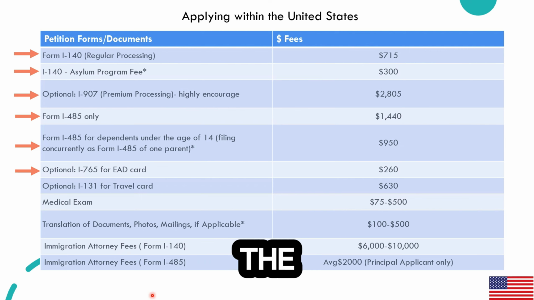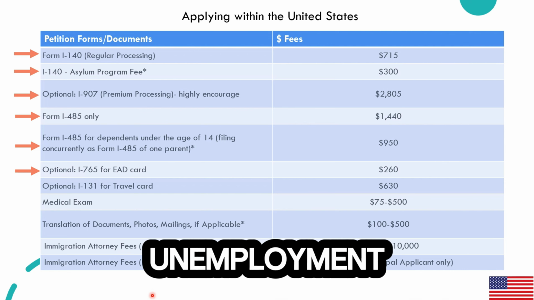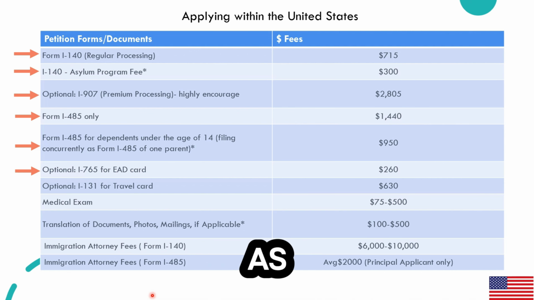If you are in the US, as I already mentioned, you may also apply for an employment authorization document, also known as EAD, by filing form I-765. This allows you to work in the US while your application is being processed, and the fee associated with this form is $260.